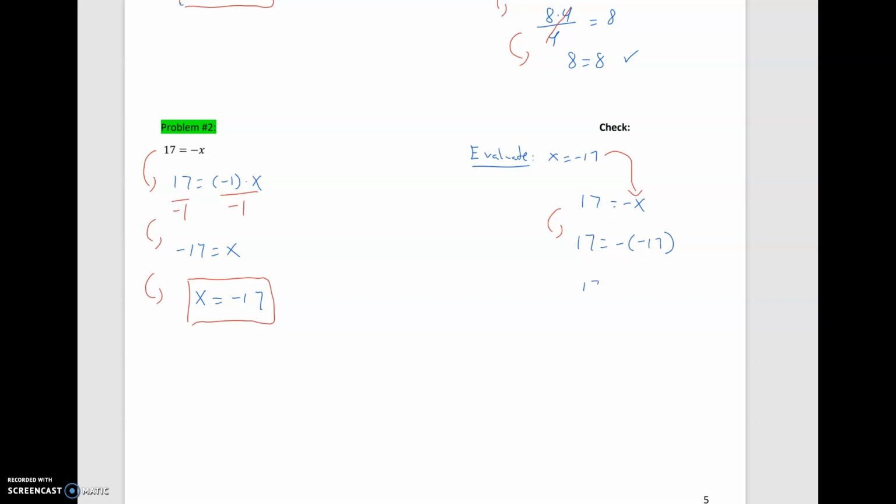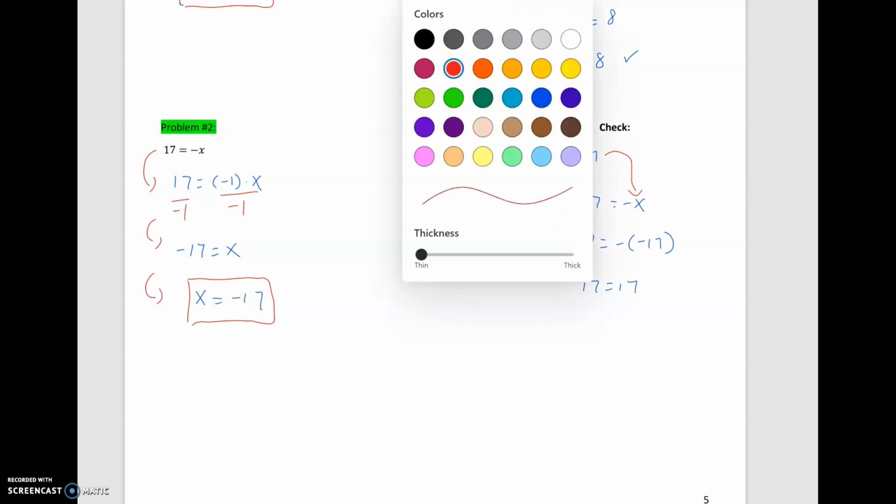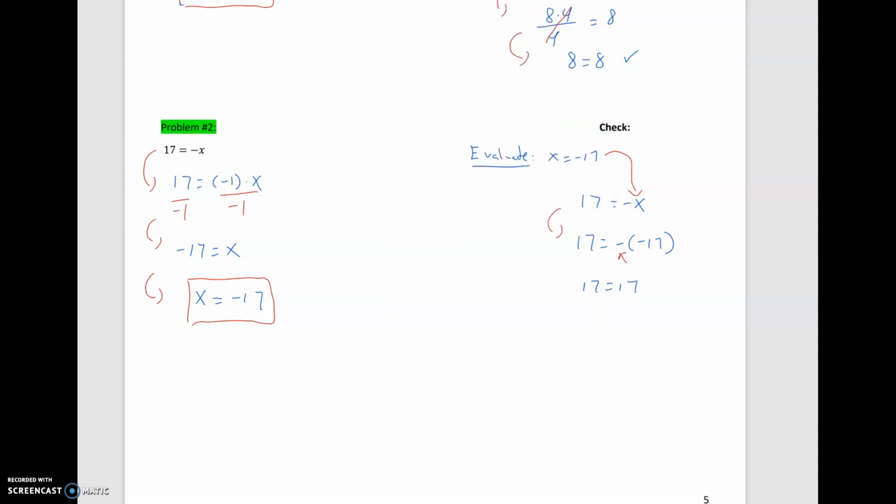And the good news, 17 is equal to 17. The negatives cancel. Keep in mind that on the right hand side, you technically have the multiplication of two negatives, which will make a positive. In this case, that's the check. 17 is equal to 17. This confirms that x is equal to negative 17 being our solution.